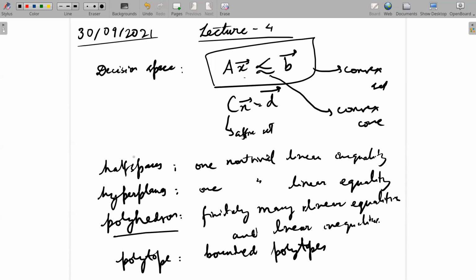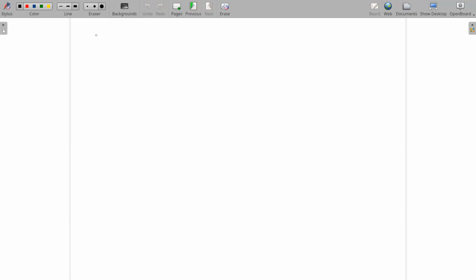Then we started with one basic result called Carathéodory's theorem.